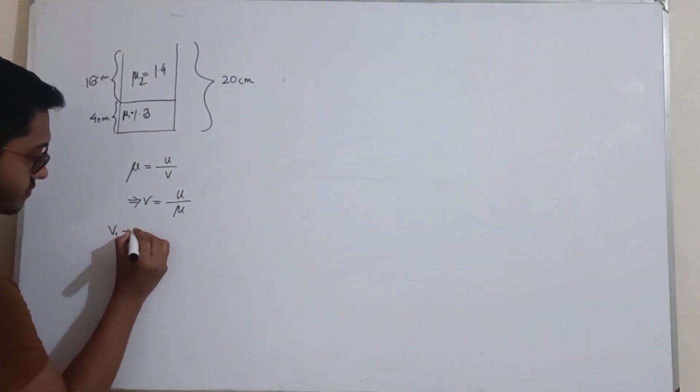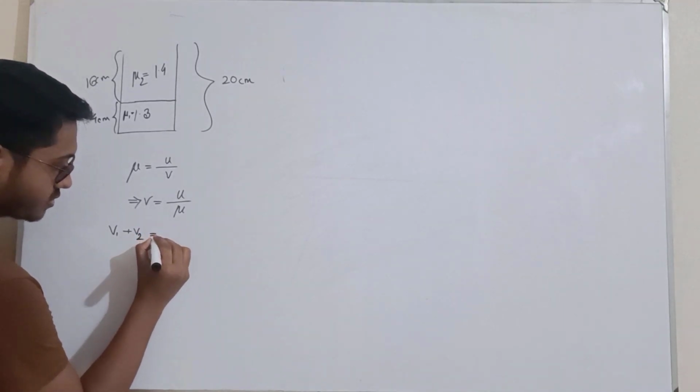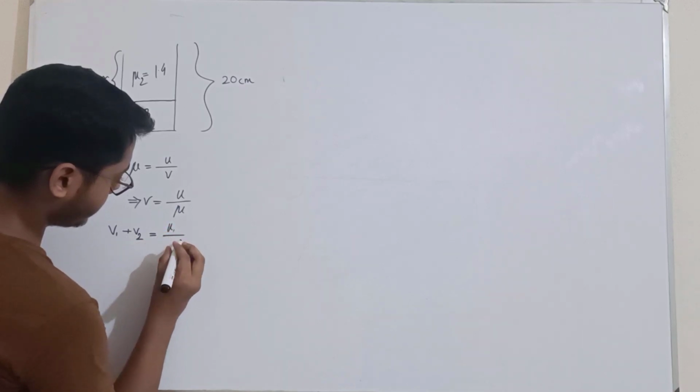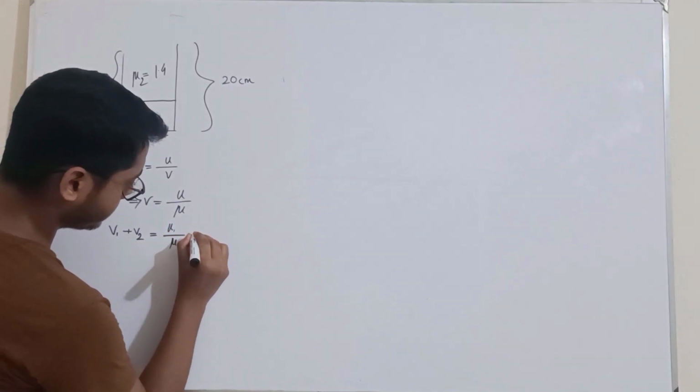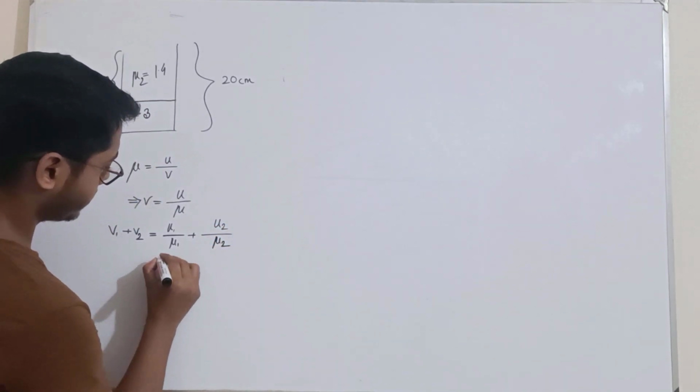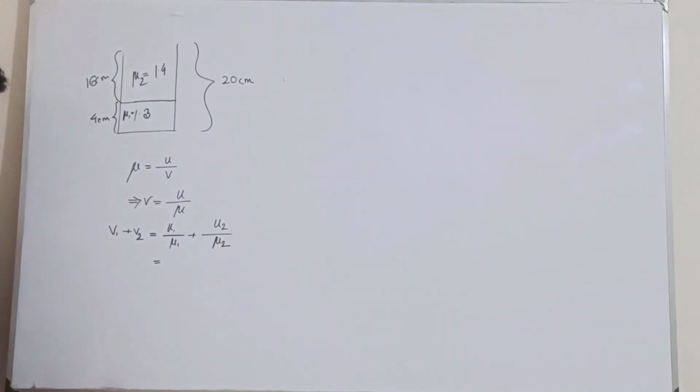So V1 plus V2 equals u1 by nu1 plus u2 by nu2.